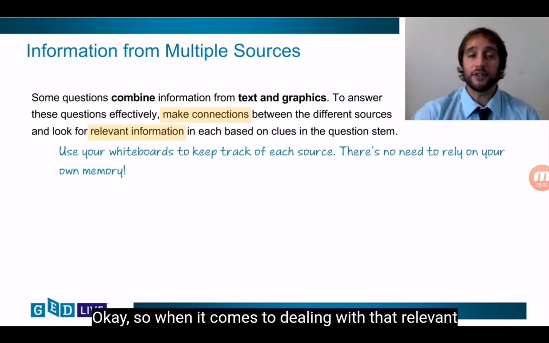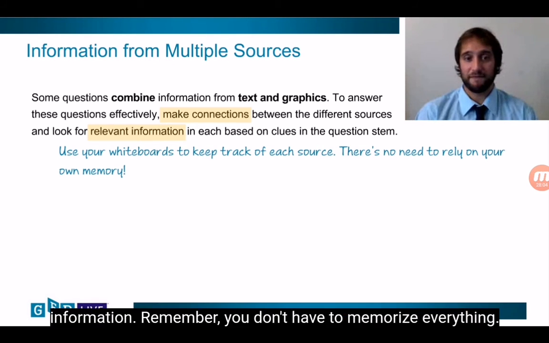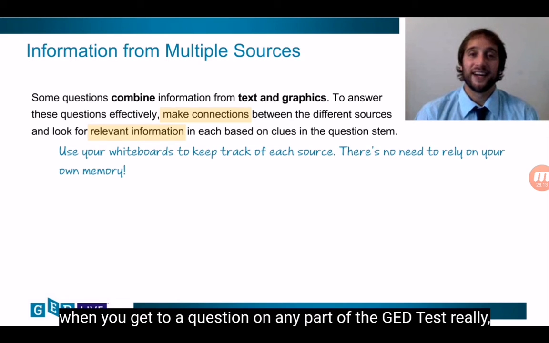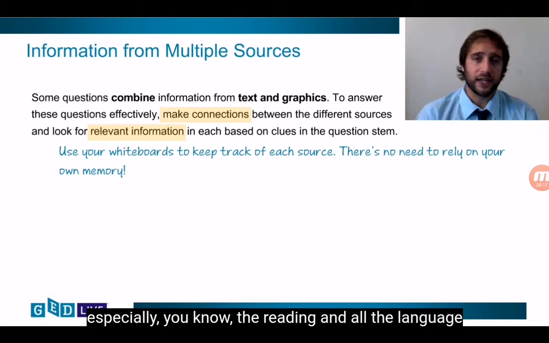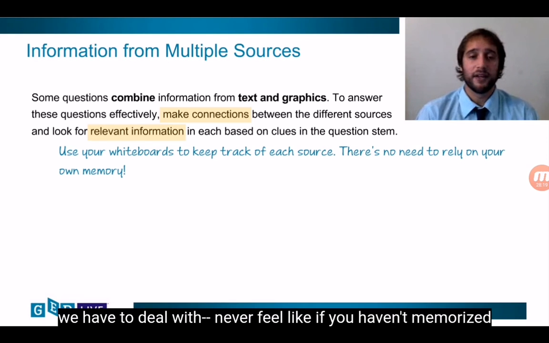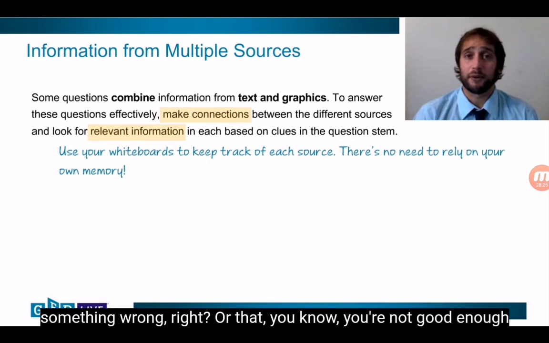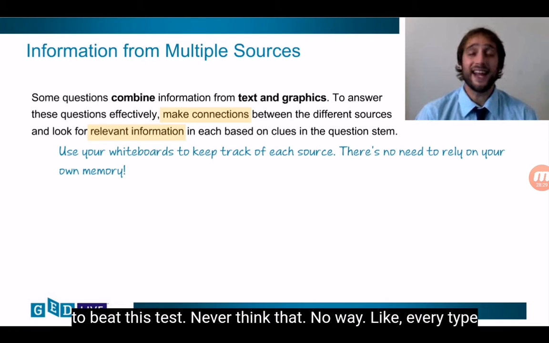When it comes to dealing with that relevant information, remember, you don't have to memorize everything. You shouldn't be trying to do that. When you get to a question on any part of the GED test, especially the reading and all the language we have to deal with, never feel like if you haven't memorized everything from the passage or the graphic, you're doing something wrong, or that you're not good enough to beat this test. Never think that.